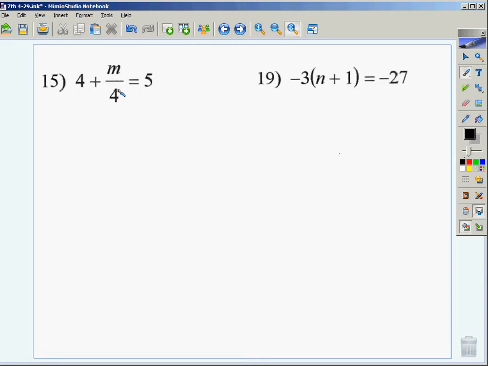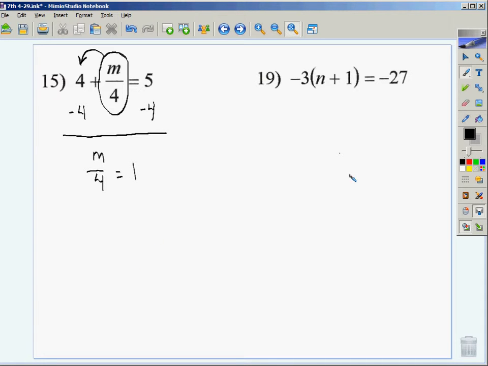On number 15, if I'm trying to get this variable by itself, how do I undo this positive 4 that's here? I subtract 4 from both sides. I now have m over 4 equals 1.